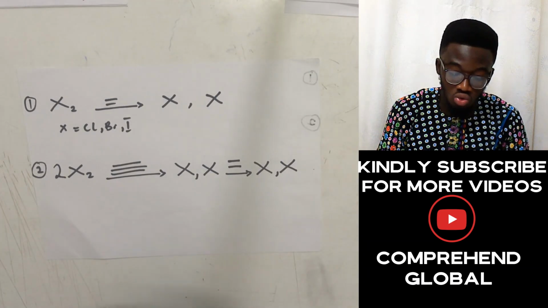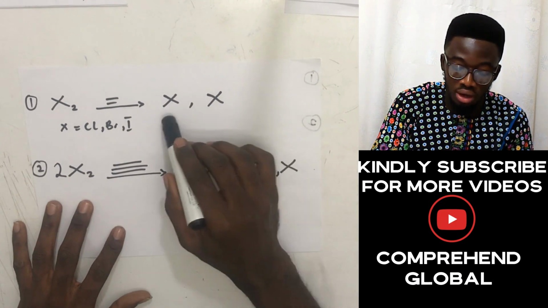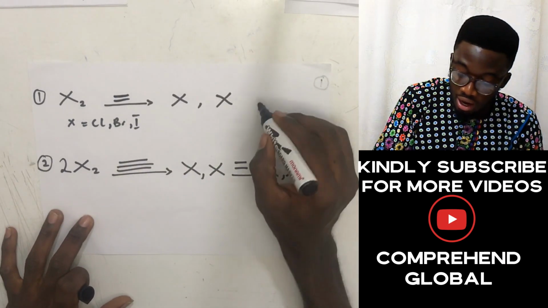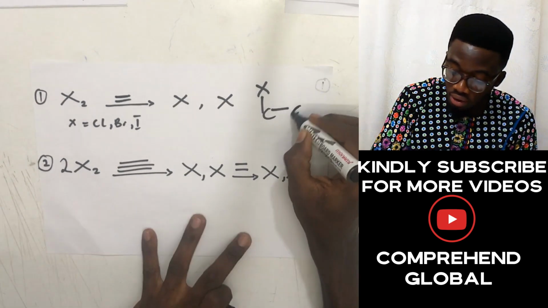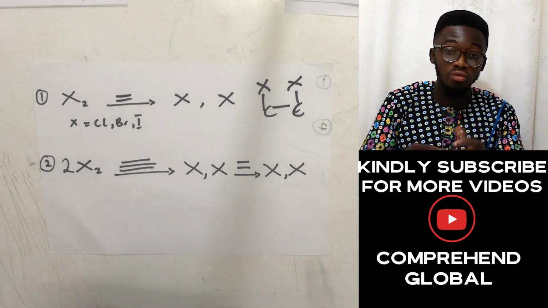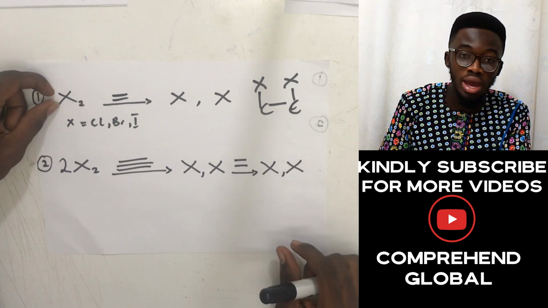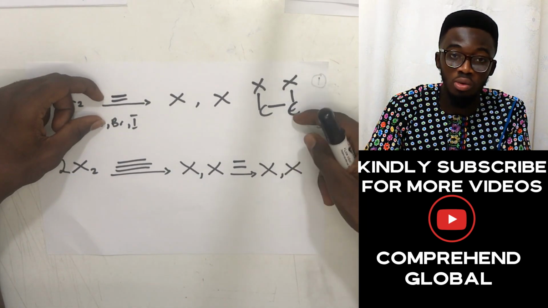Now we are going to add an X and then another X to the double bond. So if this is the double bond, we add an X and then another X. So in this reaction we add 2X to the double bond.